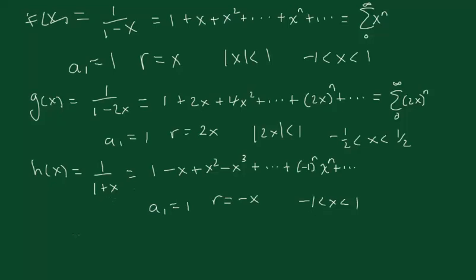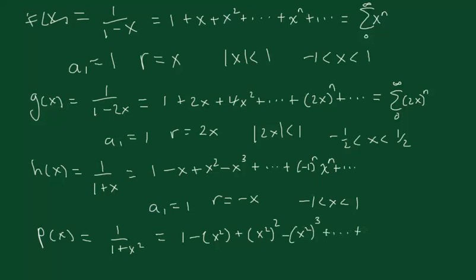Let's look at one just a little bit different. Let's say p of x, and p of x is going to be 1 over 1 plus x squared. Okay, so let's take a look at these terms. It's going to be 1 minus quantity x squared plus the quantity of x squared squared minus quantity of x squared cubed plus dot dot dot.